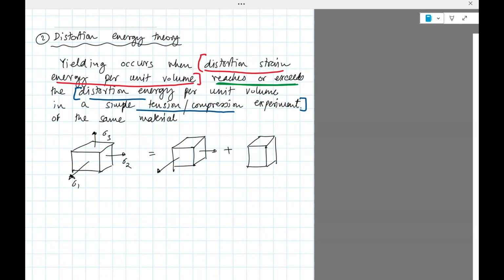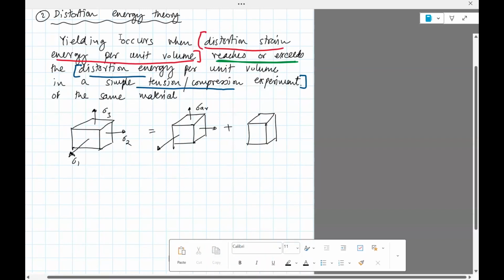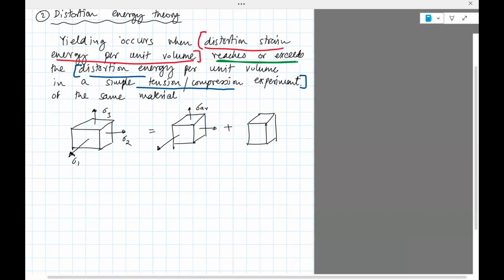One is a stress, let's call that sigma average, and I'll give you what that value is. The sum of these two should be equal to the value on the left, which means that the stress here would be sigma 1 minus sigma average.